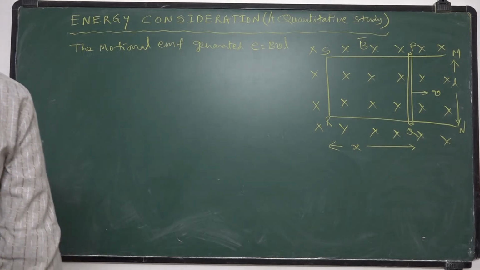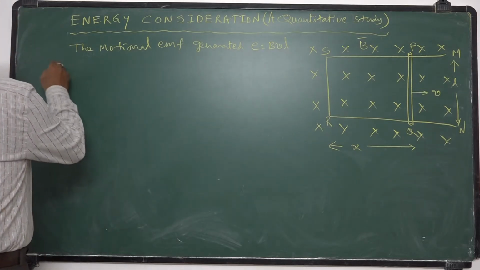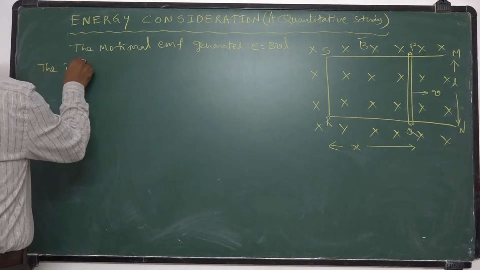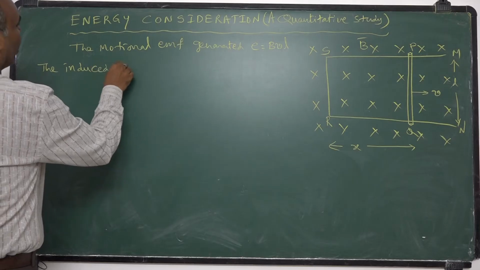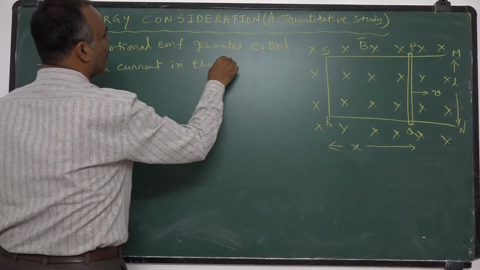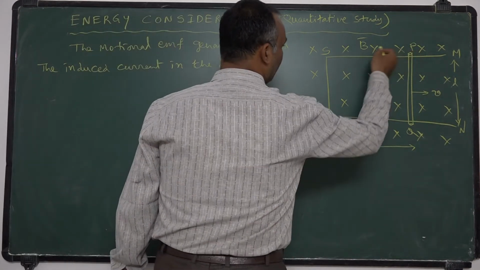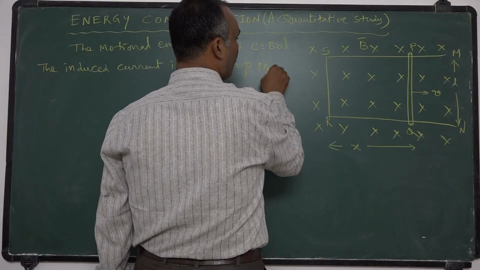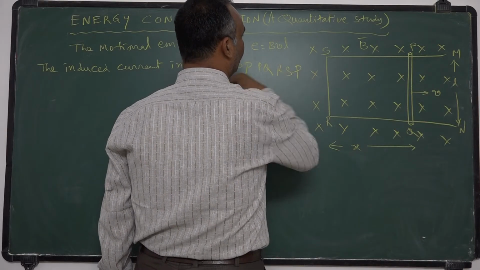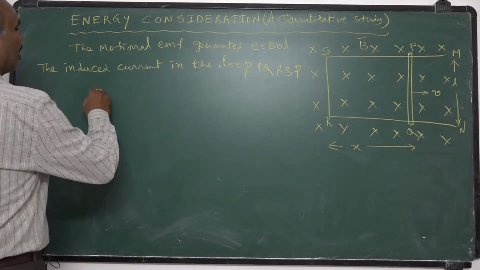Then if you want the motional current or induced current in the loop, what is the name of the loop? P, Q, R, S, P. In this loop, what is the induced current or motional current?